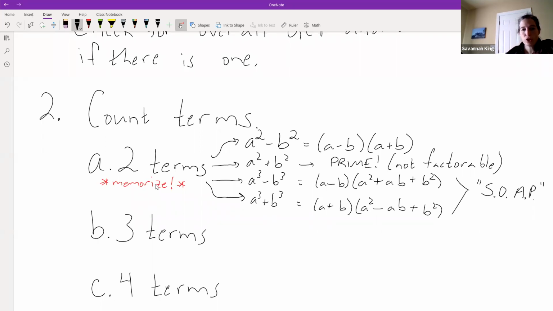Okay, so two terms. That's where, if you're a flashcard kind of person, you might want to make some flashcards. I waffle back and forth personally between being a flashcard person and being someone who memorizes better by writing things down. The farther I went into my education, the more I steered away from flashcards.